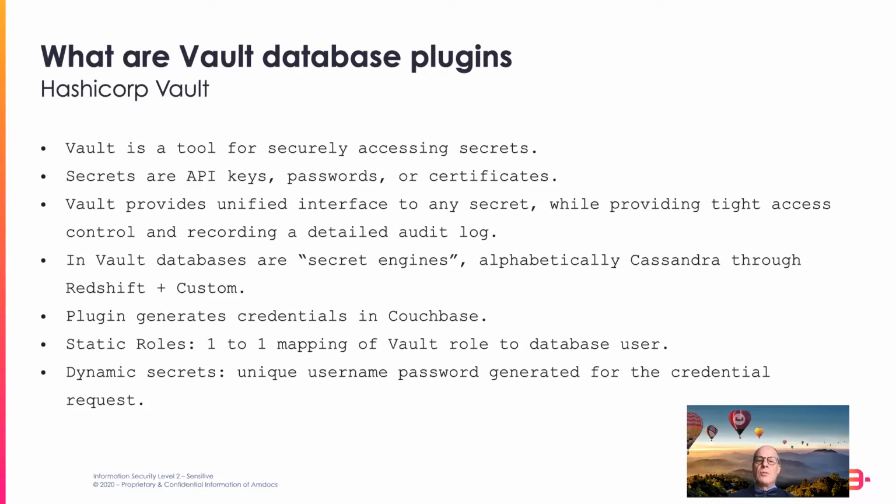Couchbase was a noticeable omission, so I wanted to learn something about Vault, and I used the custom database secrets engine SDK to add Couchbase support earlier this year. This, of course, was done without needing to modify any of the core Vault code. The plugins allow management of already existing static accounts or the generation of dynamic or on-the-fly username password combinations.